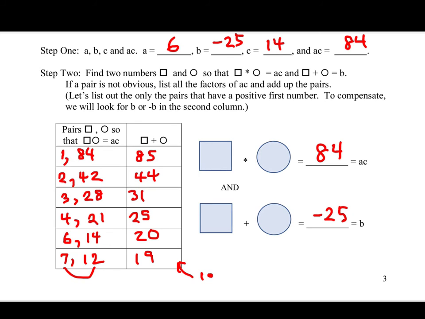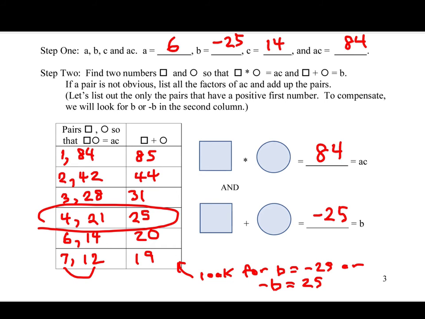So I am looking for B, which is negative 25, or I'm looking for negative B, which is positive 25. So I don't find a negative 25, but I do find a positive 25. That means I have the signs wrong. So instead of 4 and 21, I'm going to use negative 4 and negative 21.